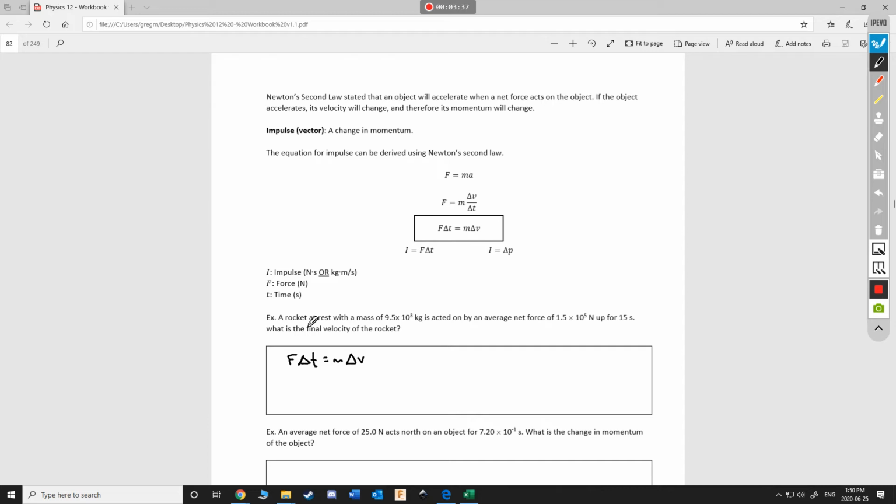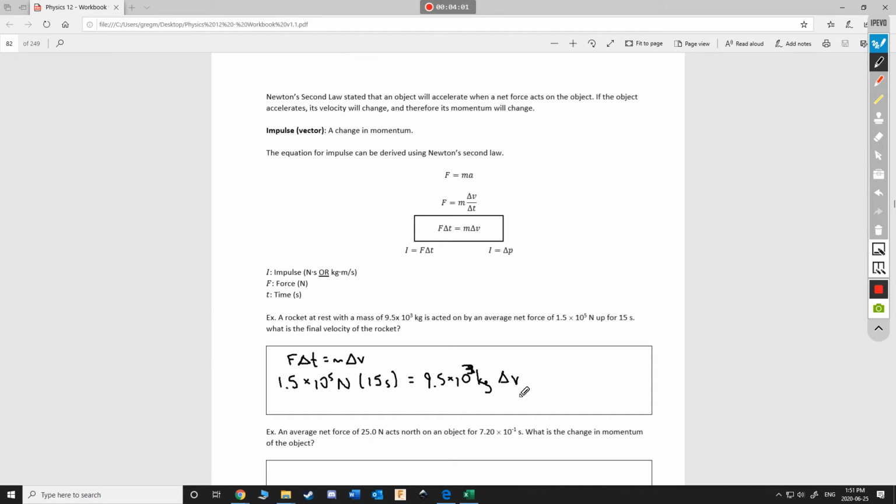So we say, okay, a net force of 1.5 times 10 to the 5 newtons, and it's acting on for 15 seconds. And the mass of the object is 9.5 times 10 to the 3 kilograms. And we can find that delta v.